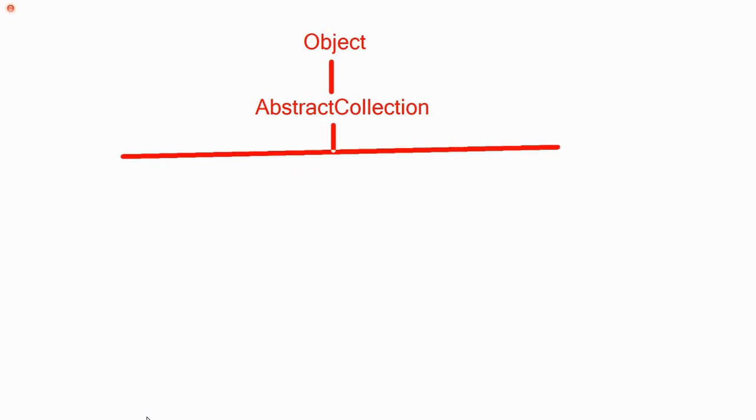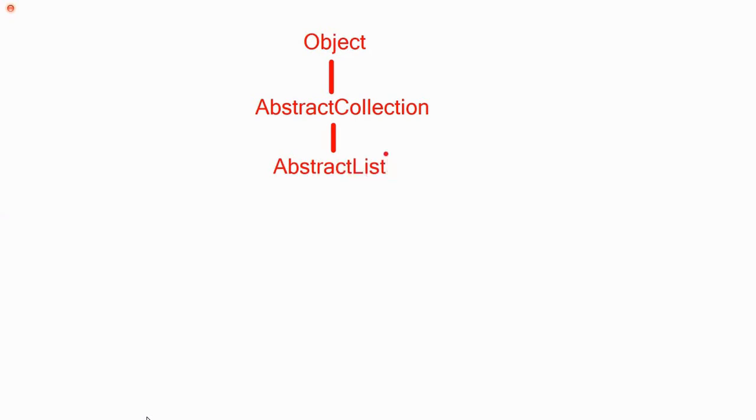See, at the top of the hierarchy, the Object class. From the Object class, the AbstractCollection class is derived. It is one class. Okay. The Collection interface is different, this class is different, not the same. From this, AbstractList.